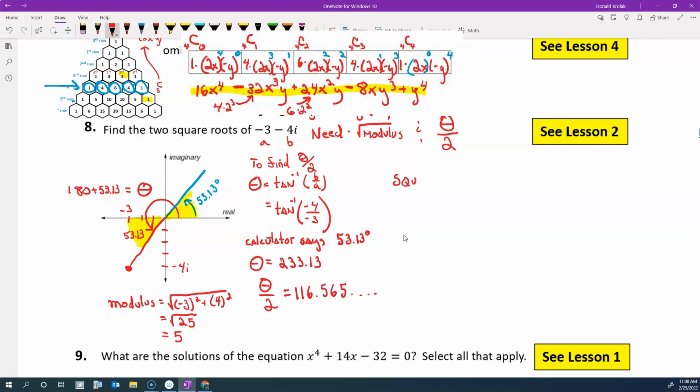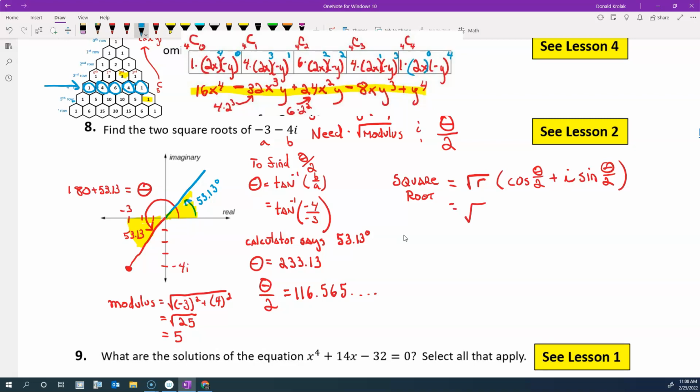Now what I'm going to do is my square root looks like this. The square root equals the square root of the modulus times the cosine of theta divided by 2 plus i sine theta divided by 2. Okay, so I'm just going to substitute those in now.